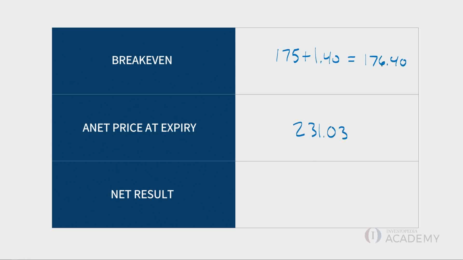So let's go ahead and calculate the net result. Remember, ANET was 231.03 at expiration, so that's well above the put that you sold. So for the put, remember, we collect all that premium that we received. So that's $11.35.